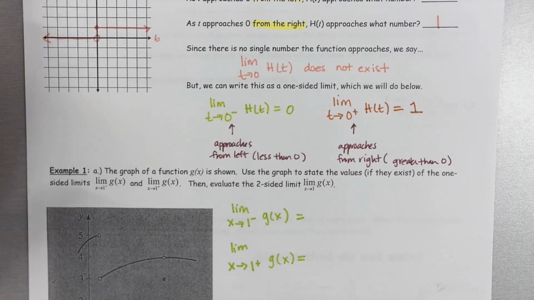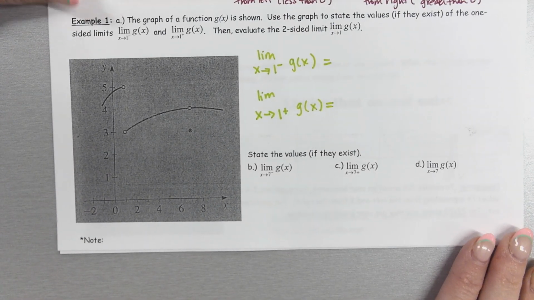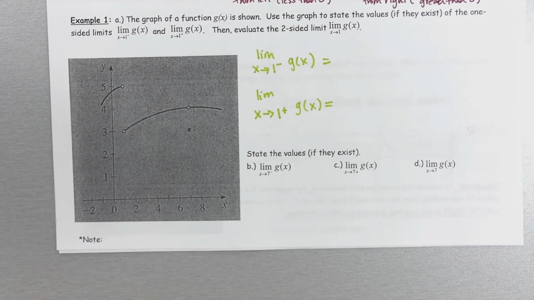And then after that, we will do the two-sided limit. Okay, so I want you to use this graph. See if you can find where it is approaching. Okay, so this x value is going to be 1. Sometimes it helps to mark that off.